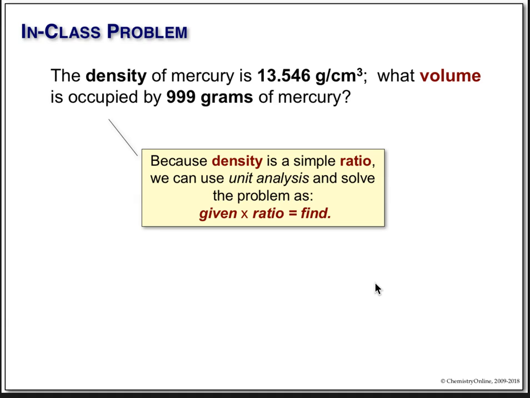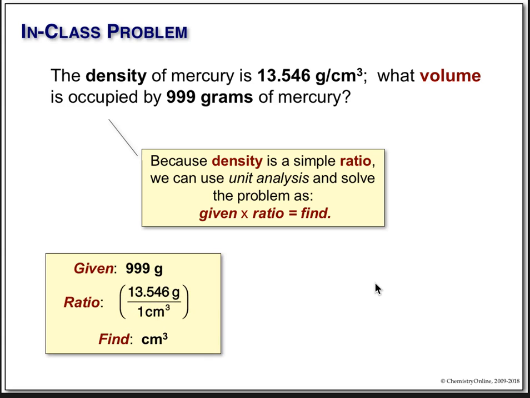And we're trying to find the volume. Well, our given is simply our 1,000 grams of mercury. Here's our ratio, that's our density. And we're trying to find cubic centimeters or volume.